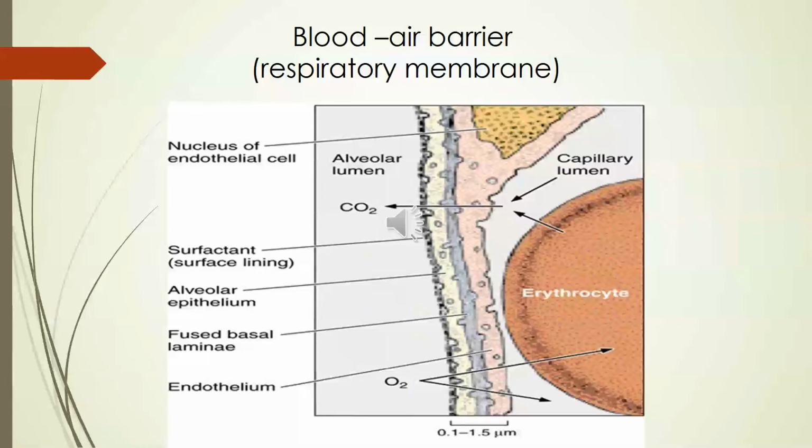If we follow oxygen during its trip from the alveoli to the erythrocyte within the blood capillaries in the interstitium of the interalveolar septum, the oxygen will pass through surfactant, the cytoplasm of pneumocyte type 1, the fused basal laminae between pneumocyte type 1 and the endothelium of the capillaries, and finally the endothelial cells of the capillaries. This structure is, as we mentioned, called or defined as the respiratory membrane.